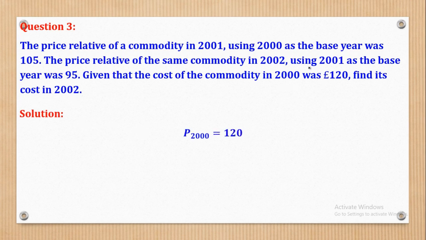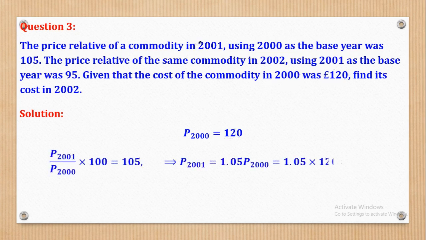So here they said, first of all, they gave you the price for 2000 and it was £120. This is this P2000. Then they told you something about 2001. They say that the price relative in 2001 using 2000 as the base, that is what we are using here, P2001 over P2000 multiplied by 100 gives you this.